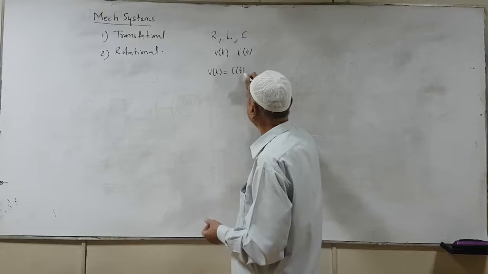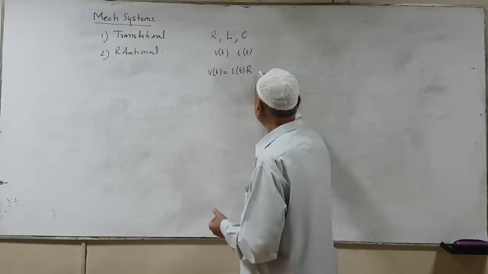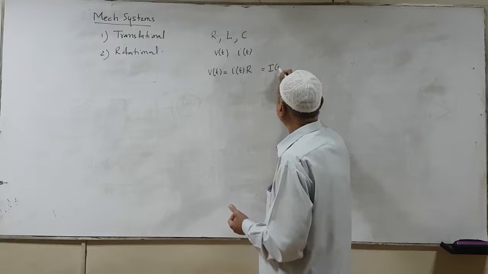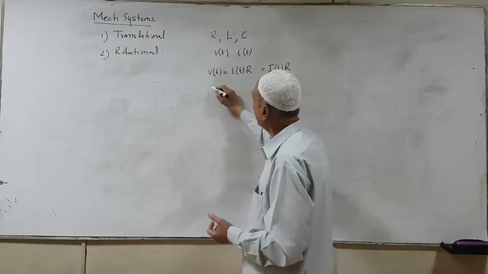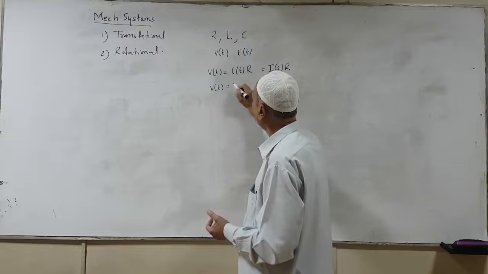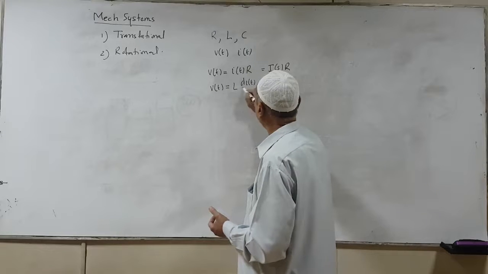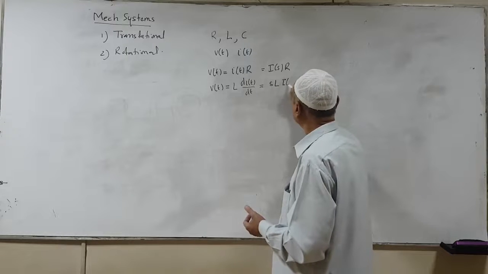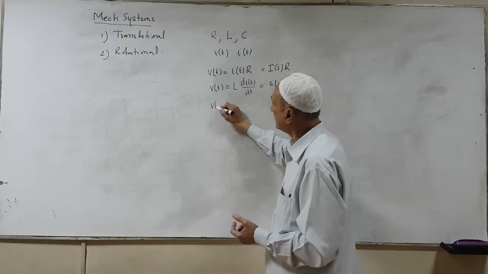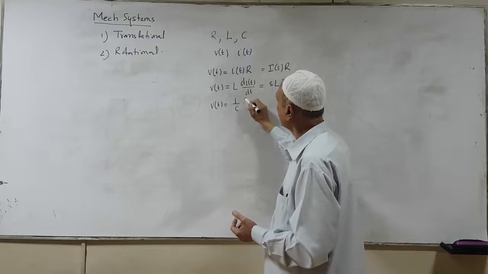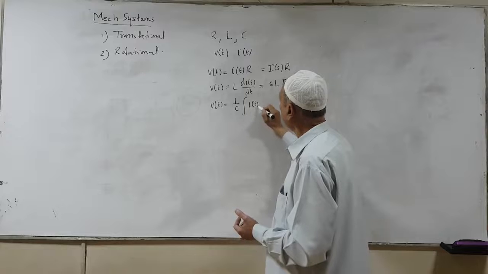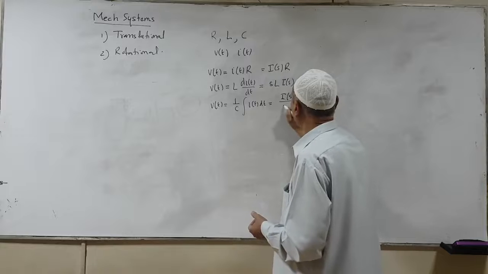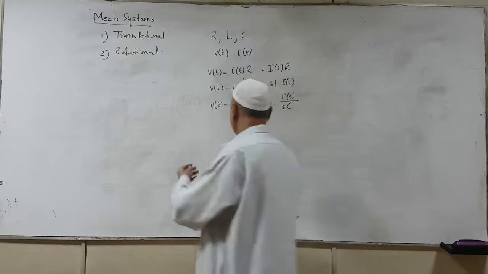For the resistor, it is simply I into R, and the corresponding Laplace transform would be I(s) into R. For the inductor, we have L di/dt, and in this case we will be looking at something like this particular quantity. And in the case of the capacitor, we have 1 over C integral i(t) dt, which can be written as I(s) over sC. So these are the governing equations.